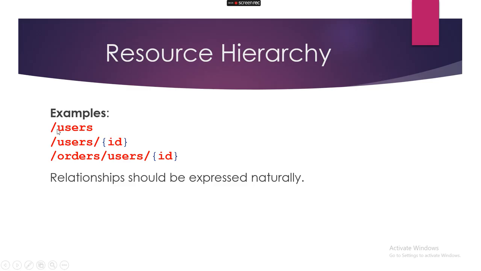You look at it and say, okay, this is get all users because it's plural. So get the user with the ID that is specified here. And with this one we get all orders for the user with the ID specified here. So it is easy to read because it flows naturally.